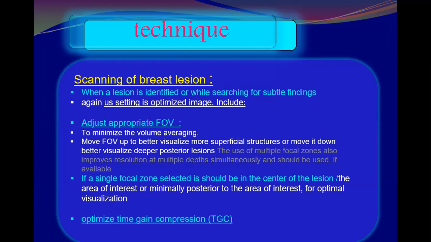And if we have multiple focal zones, it will help us to show multiple depths simultaneously, more clear and more sharp. But if we have a single focal zone, then we need to center it at the lesion or the area of interest or slightly behind it, to make it sharp.